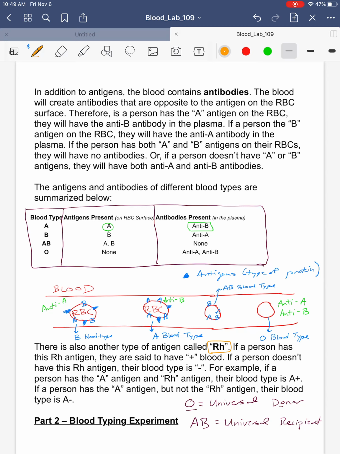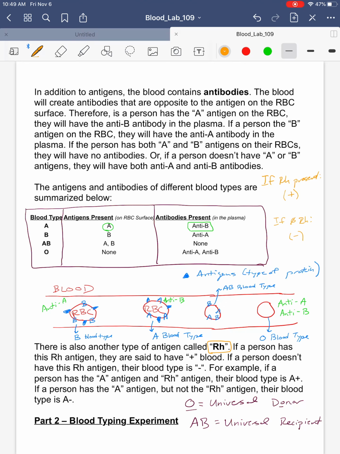And it's pretty simple because either you have them or you don't. If RH is present, that person is positive. If there is no RH, that person is negative.